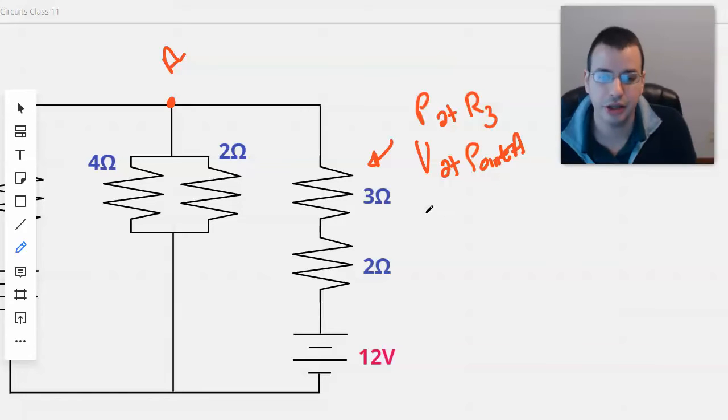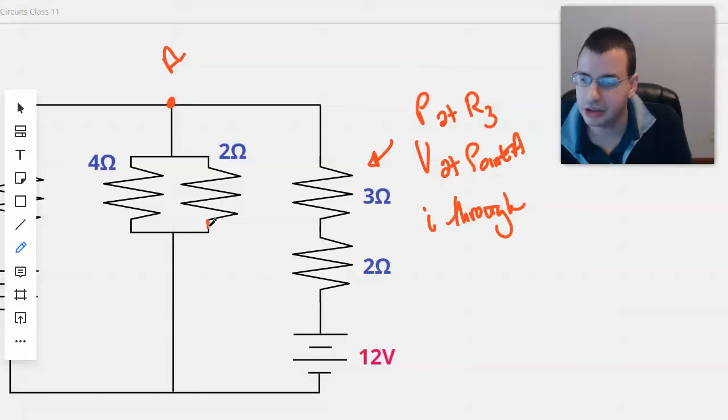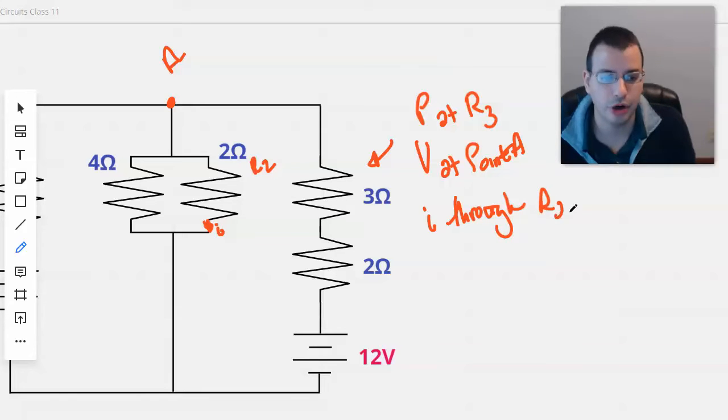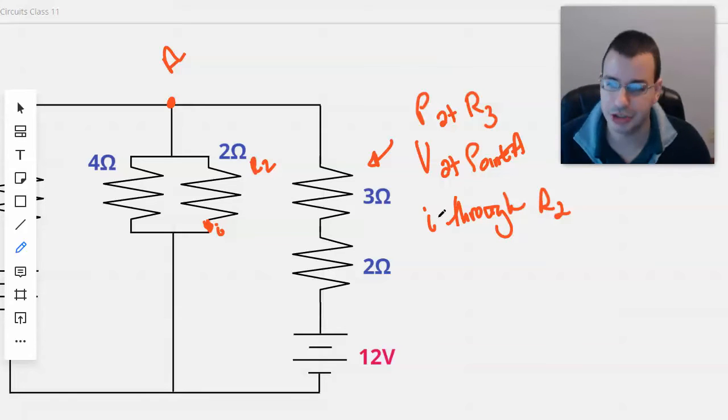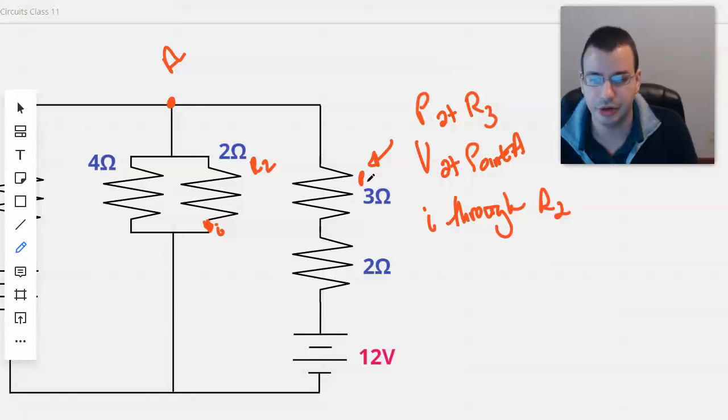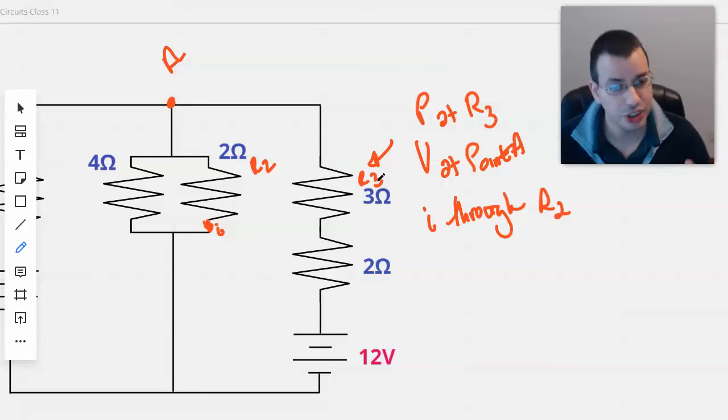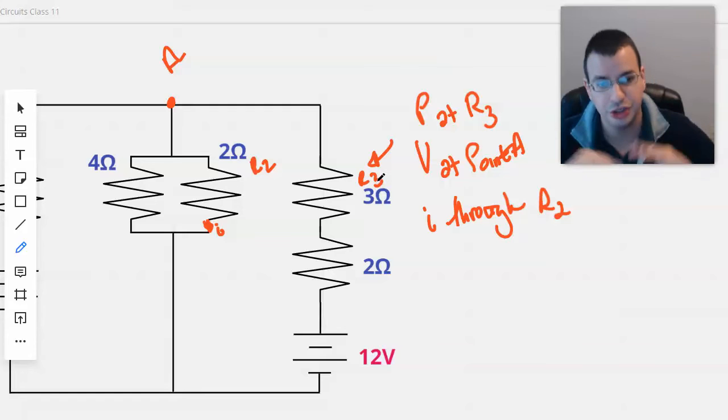And then we'll say current through, let's see, it's through this way, and we'll call that R2, through R2. There's multiple 2 ohm resistors, so you have to be a little bit more specific. This guy will be R3. And so what this is more or less saying is solve for everything.